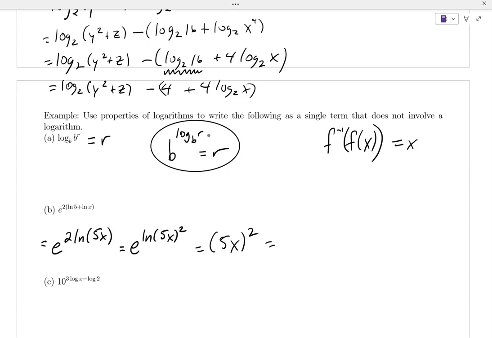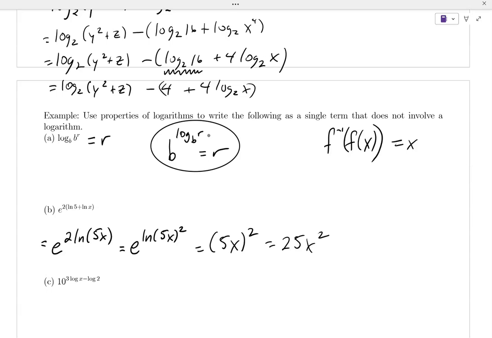Which we could rewrite as 25x squared if we distribute the square. So again, when the base of your log matches the base of your exponential, and you're composing them, they undo each other. You just get to where you started, get the input.